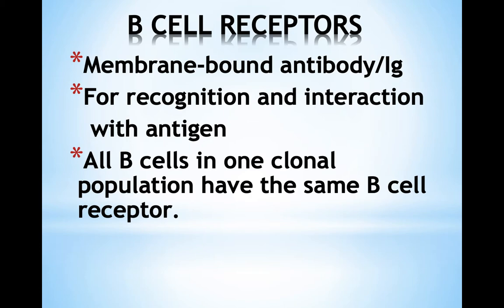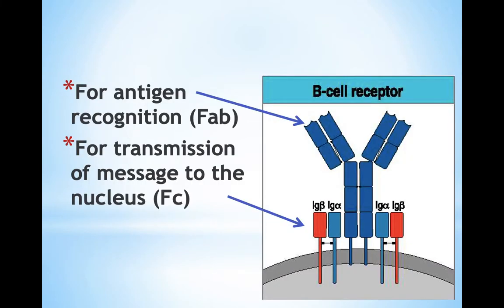nature. Now, let's have a quick review of the anatomy of immunoglobulins. You would remember that there are two major regions of immunoglobulins that are attached onto a B cell. So our B cell receptor is divided into two regions.